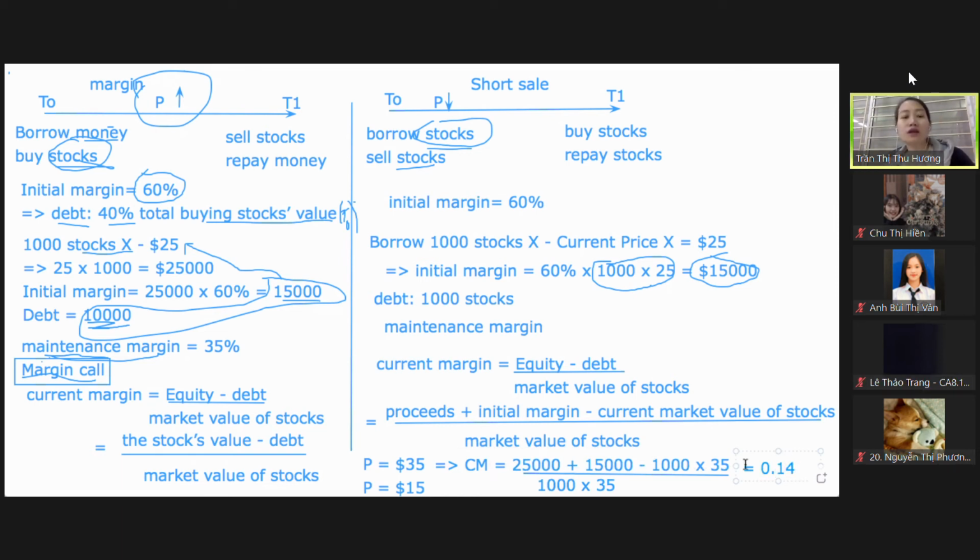Because the market price increased. When the market price increases, the investor will take a loss in short sale. If the market price decreases, the investor takes profit. However, in this case, the market price increased, so the investor takes a loss. The current margin decreased to 14%.